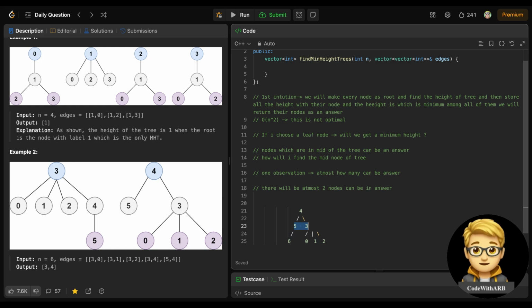Why? Because it is already connected with this 4, right? Because 5 3 is already connected with this, if we choose 5, then the answer will be 3, because it can move to this 5 4 3 and 0.